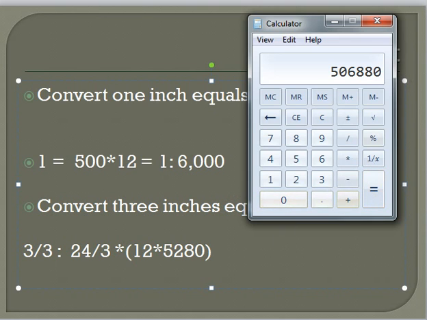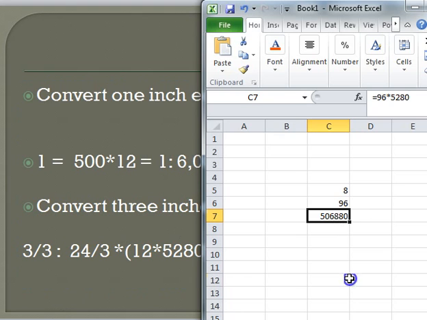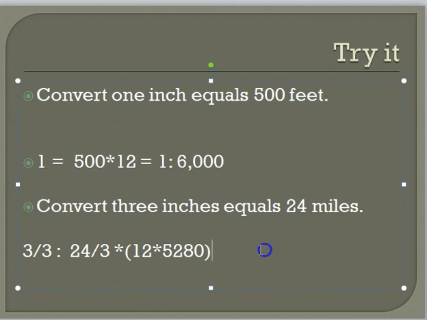Oops, that doesn't equal what I had, so hold on, let me try that again. This is why it's always good to check your math. So I did 24 divided by 3, gave me 8, and then 8 times 12, 96, and 96 times 5,280 gives me that, so that was correct. And that means that my earlier one that I did was incorrect.